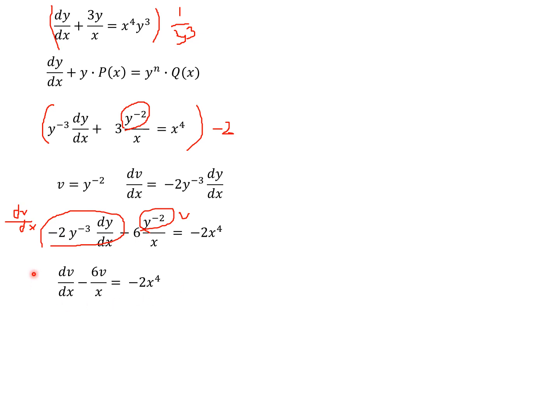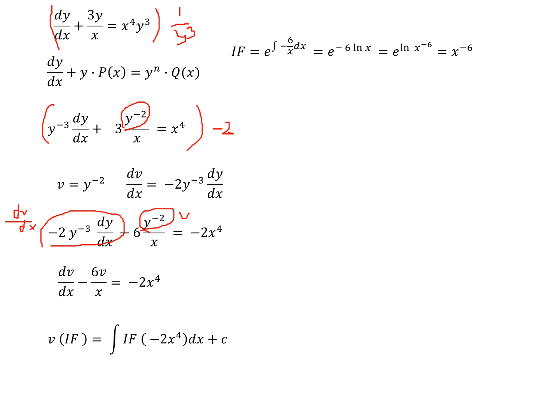This is a linear differential equation in v. So the solution is v times the integrating factor equals the integral of the integrating factor times that function, -2x^4, dx plus c. Now what is the integrating factor?